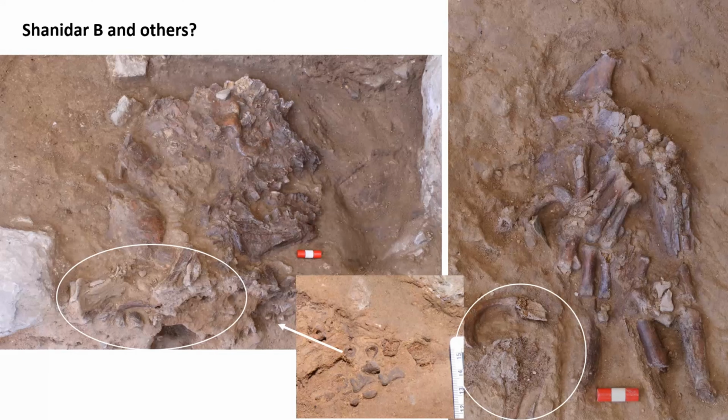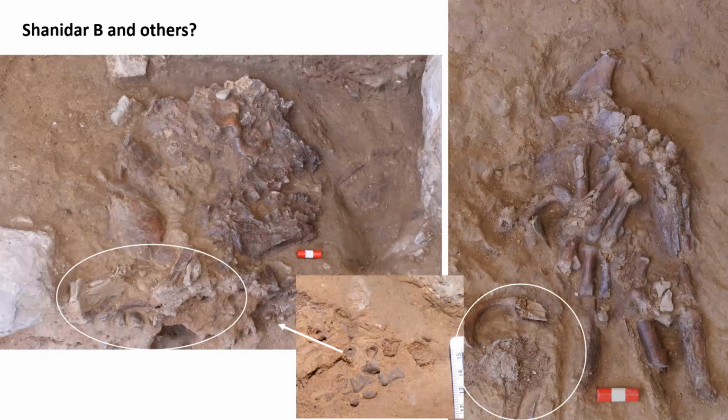We've also got someone else's left shoulder here, but Shanidar Zed was missing her left ulna and left fifth metacarpal, suggesting that they might have been on the surface at some point and removed or eroded out. Articulated left shoulder, where the missing right arm of Shanidar Zed should be. So that seems to have been removed at some point.